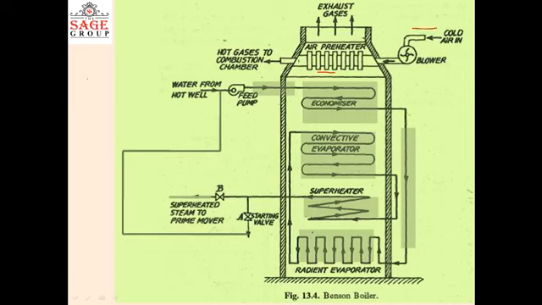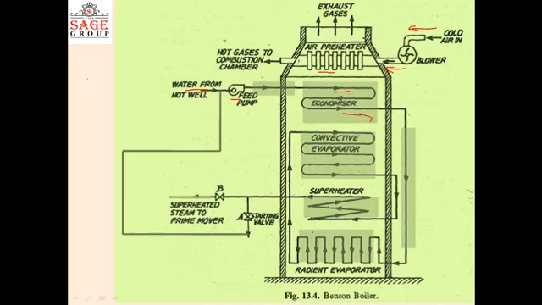The air will come from the atmosphere and, with the help of the blower, will enter this air preheater. Water from the hot well will come here, and with the help of the feed pump it will pass through this economizer section.